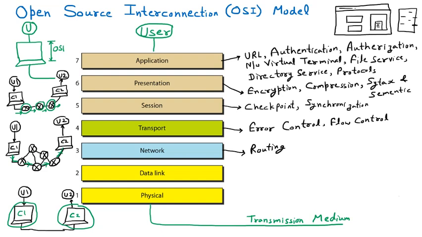So the same task the data link layer is doing, that is error control and flow control. You can see that the transport layer is doing the same task and the data link layer is doing the same task, but the transport layer is doing it at computer to computer level and the data link layer is doing it at the devices level, means devices are checked for error and flow control.